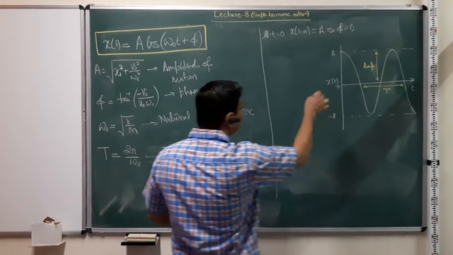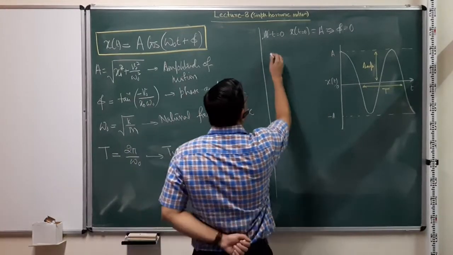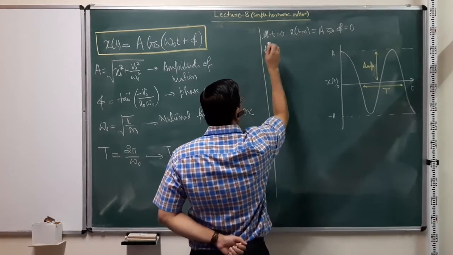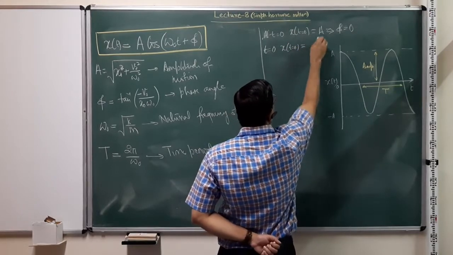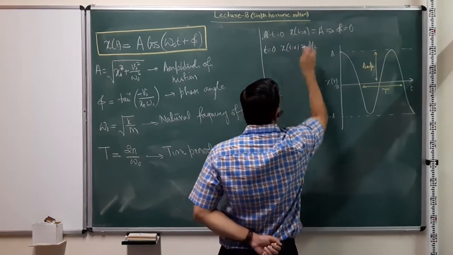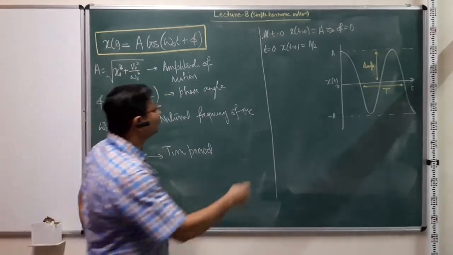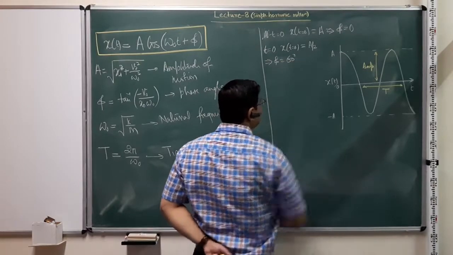And now to look at where the phase factor is here, let me say that at some other instant, I have started measurement at t equal to 0, when x of t equal to 0 was not a but a by 2. If that is the case, then by putting it here, we can see that this will imply that phi is 60 degrees, right?